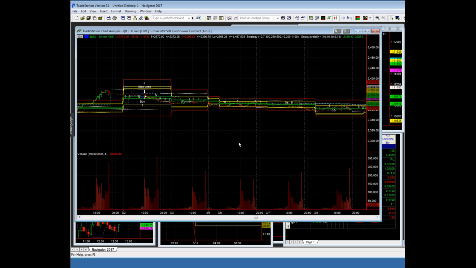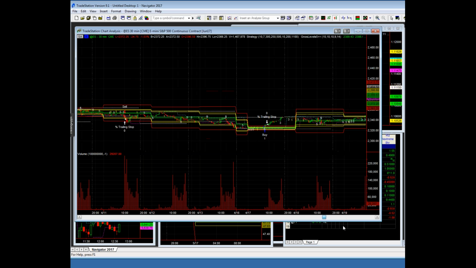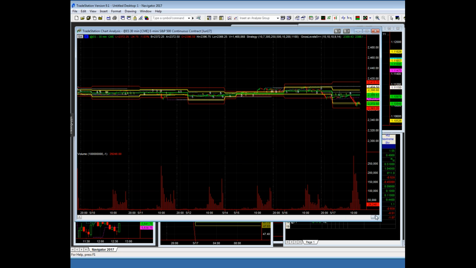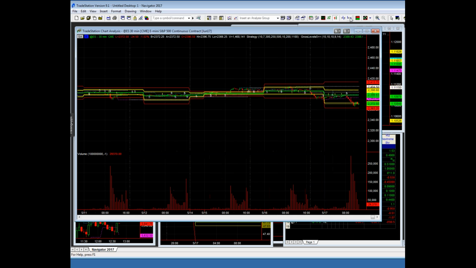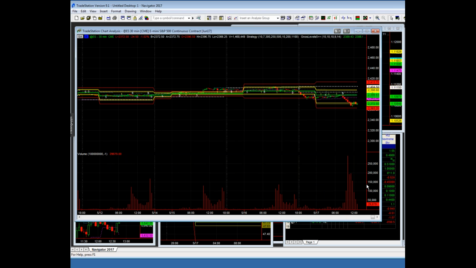When I was an equity trader, I would trade the first hour and the last hour. Now, look at the volume drop off today. And then it'll pick up in the afternoon.